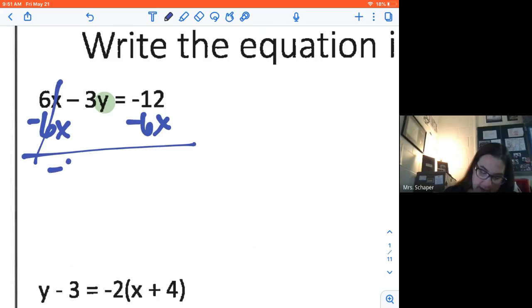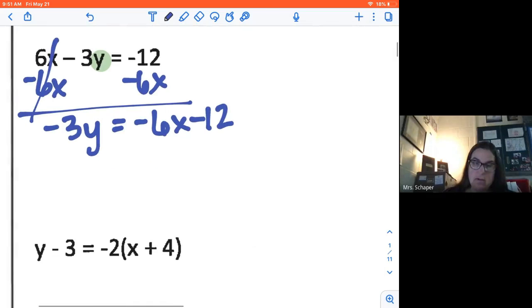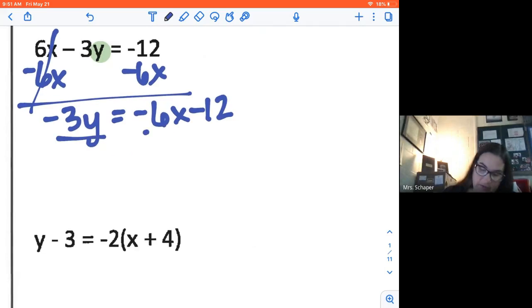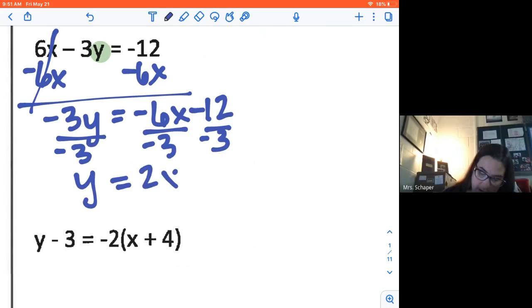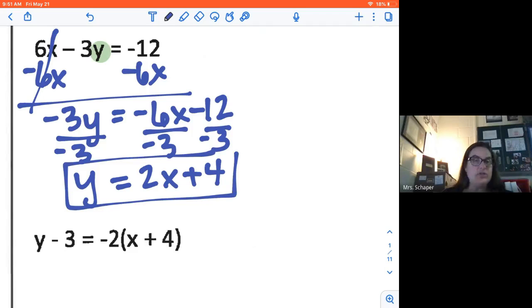I have that negative 3y equals negative 6x minus 12. And then I'm going to divide everything by negative 3. So I get y is equal to 2x plus 4.